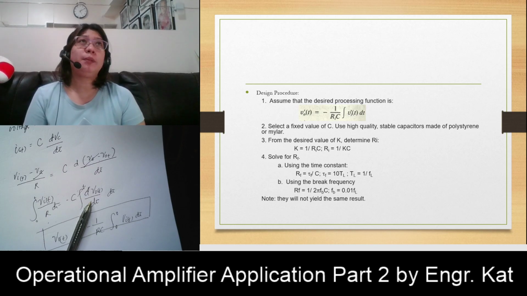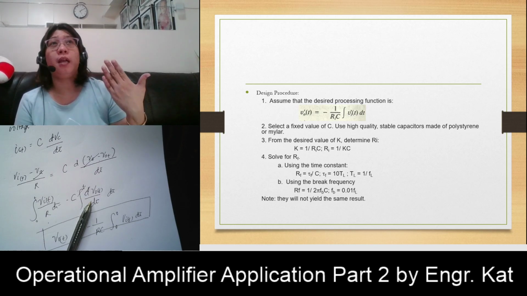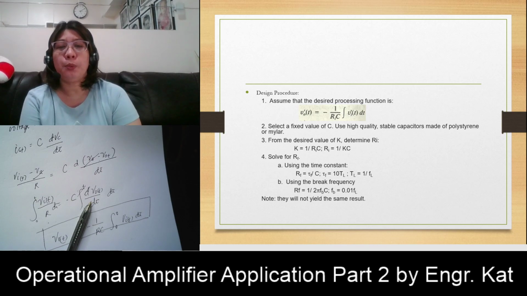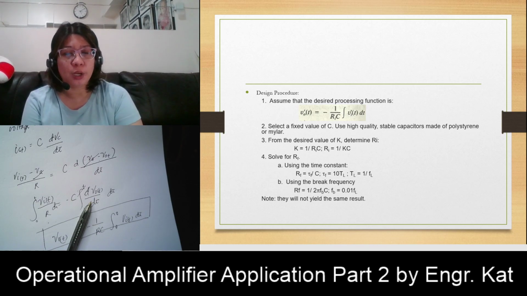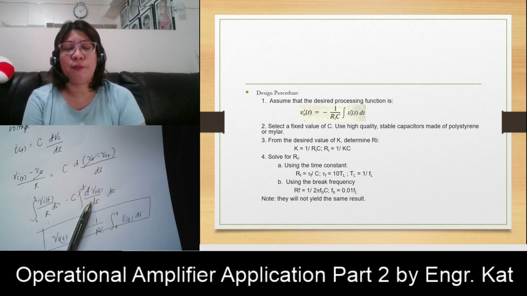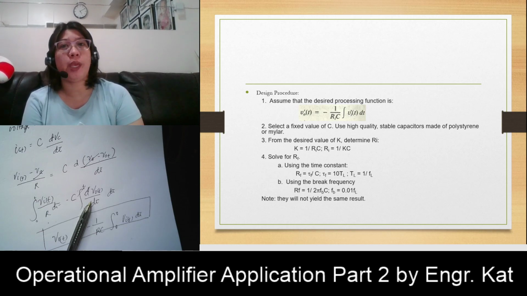Since we are afraid that at a lower frequency range your capacitor is not yet turned on or not yet shorted, we use the lowest frequency here, wherein your TL is equivalent to 1 all over FL, wherein FL is the lowest input frequency of your input signal.